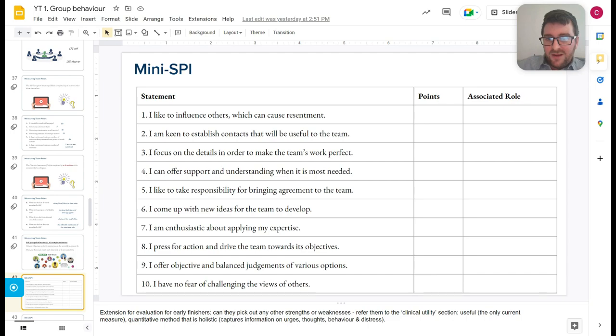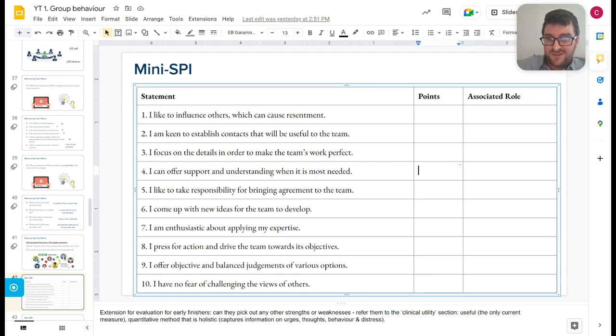So for me, I would probably think I can offer support and understanding when it is most needed. I might give myself a 5. I'll use up 4 of the points there, and now those 4 are gone. I only have 6 left. I like to take responsibility for bringing agreement a little bit. I'll put 2 there. So now I only have 4 left.